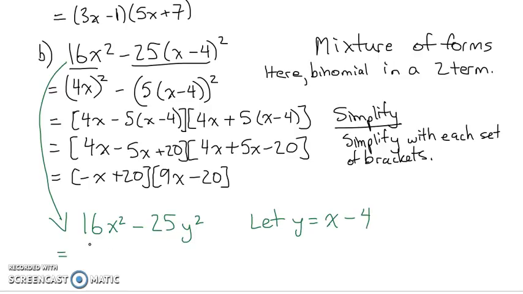Well, then it's really clear. It just becomes (4x) all squared minus (5y) all squared. We can do this any time in math. The only problem is if you don't substitute it back in. We need to substitute back in at the end.